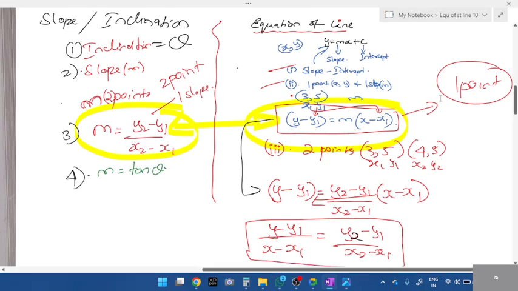Okay, I'll upload the recording. Go through that later, Ivania. Fine. If not, you'll get confused. There are a lot of formulas, students. Inclination, slope.